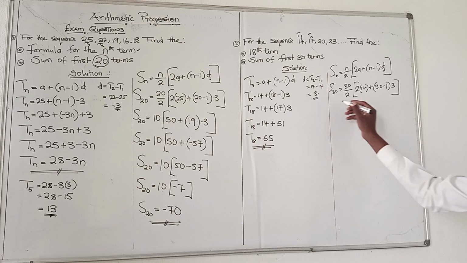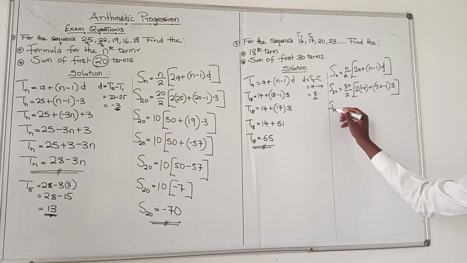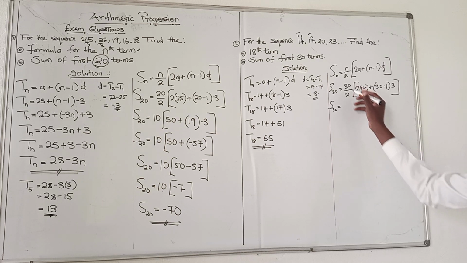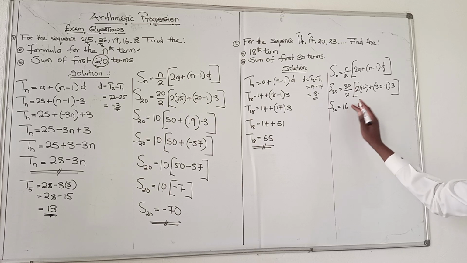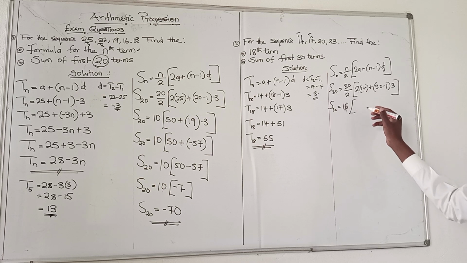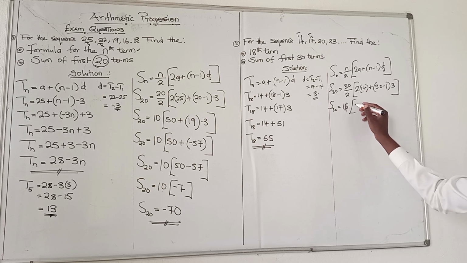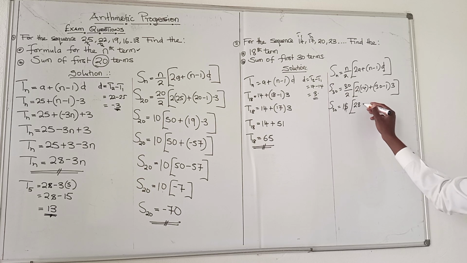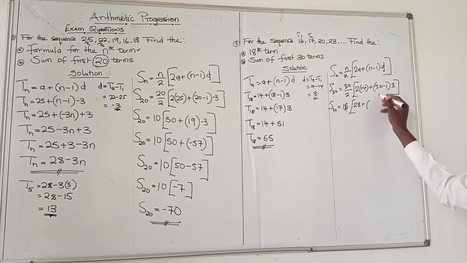Let us work this out. So this will be 30, 2 into 30, it is what? 15. It goes in 15 times. 2 times 14 is 28 plus 30 minus 1 gives us 29, times 3 there.